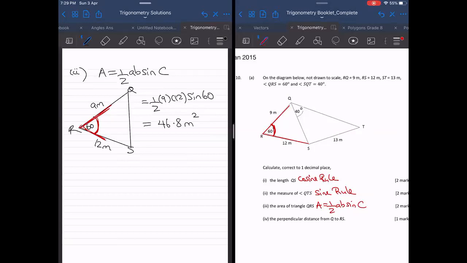No, why would you divide? Remember, AB means times. So it's a half times 9 times 12 times sine 60. Why would you divide?